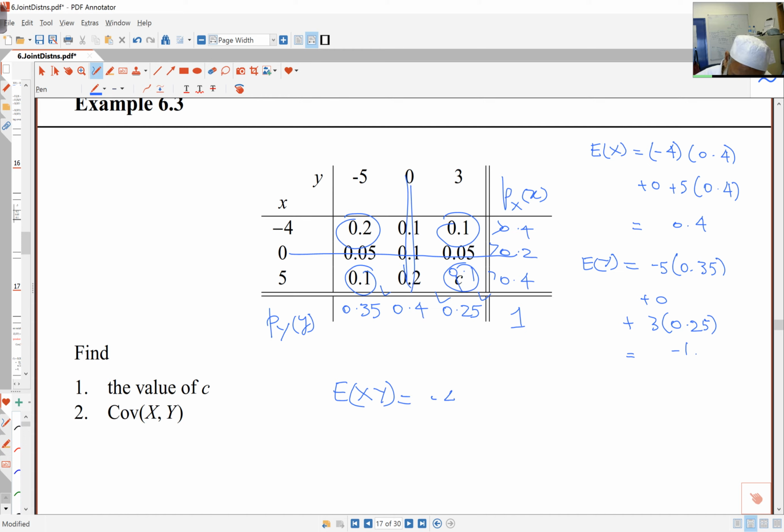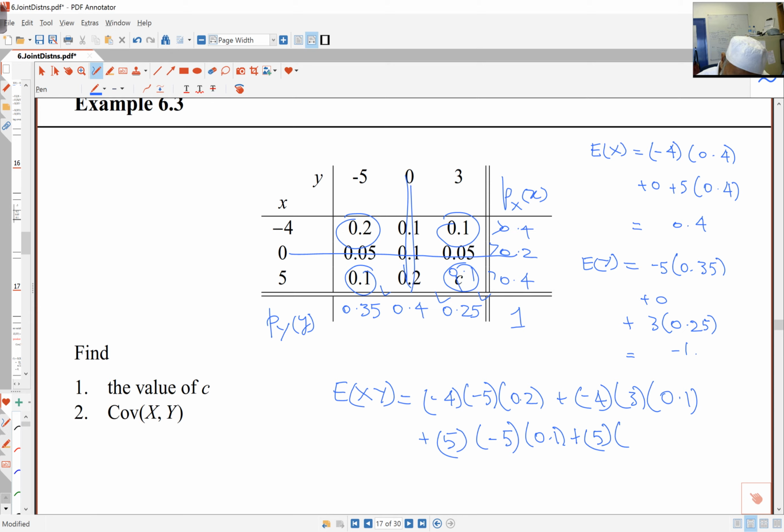That means I've got negative 4 times negative 5 times 0.2 and then negative 4 times 3 times 0.1, and then I'll have in the bottom row it's 5 times negative 5 times 0.1 and then 5 times 3 times 0.1, and if I do my calculations here I'll get that's 1.8.